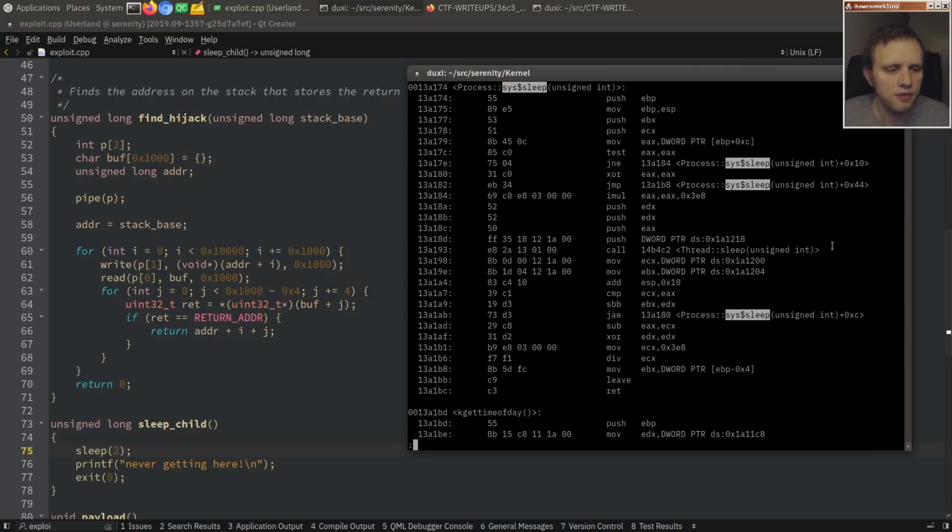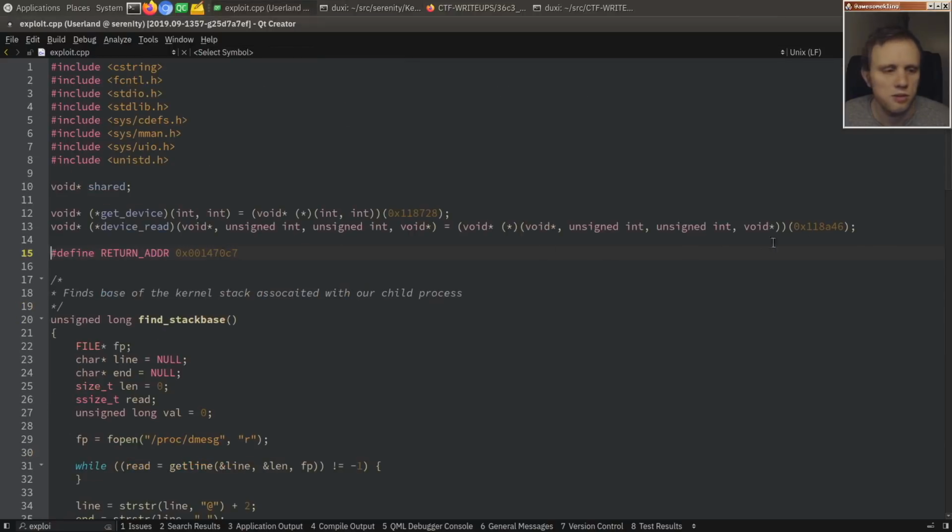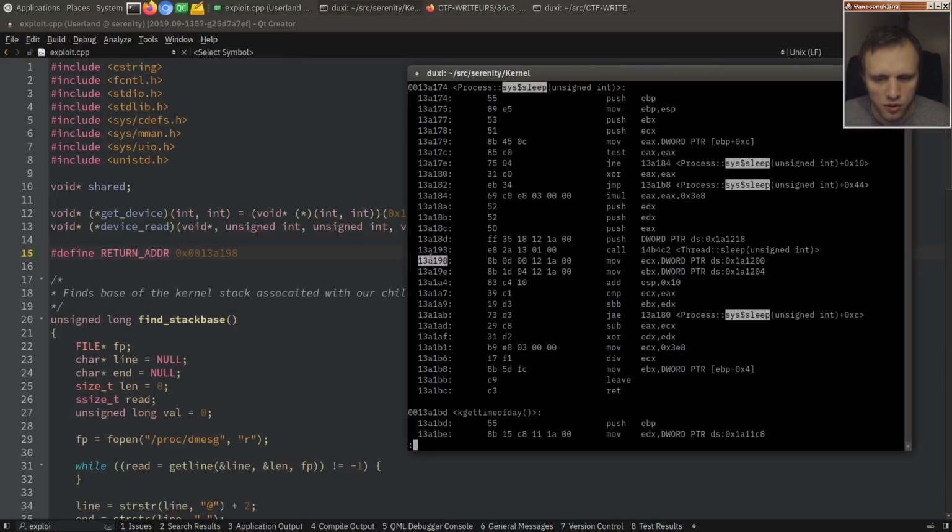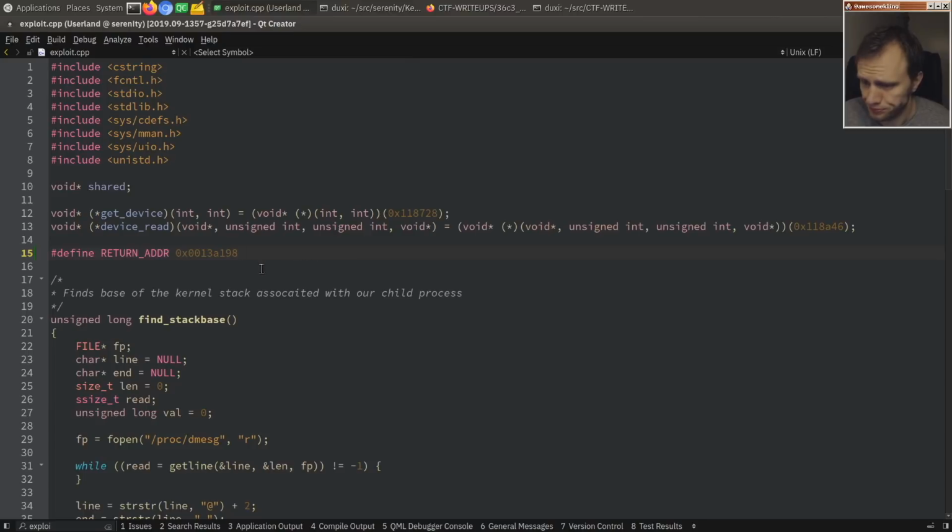Normally, if you're not being exploited, then once it returns from this function, we would resume execution here. So we can just take this address, and that should be the return address here, because that's the one that we want to overwrite. So we'll look for this address on the kernel stack and replace it with our own.